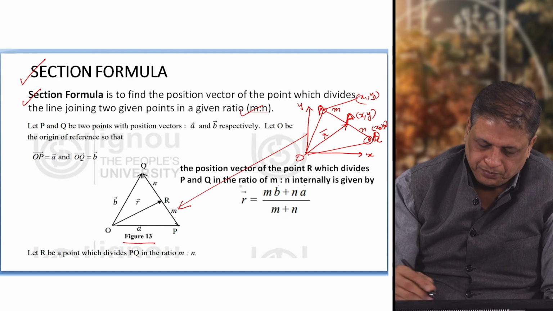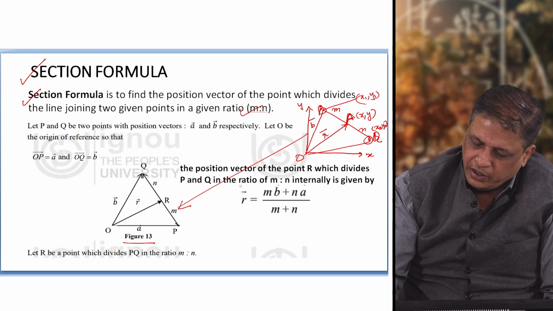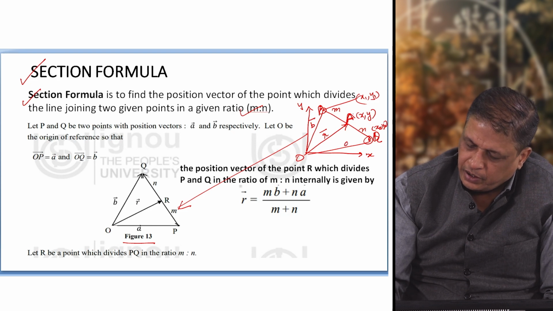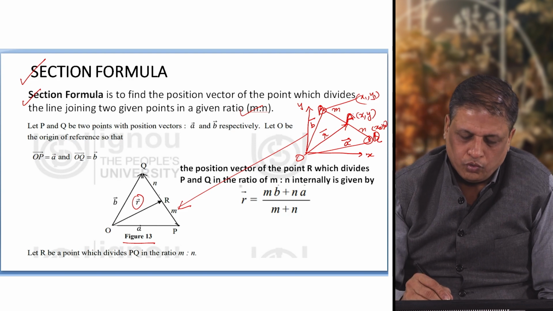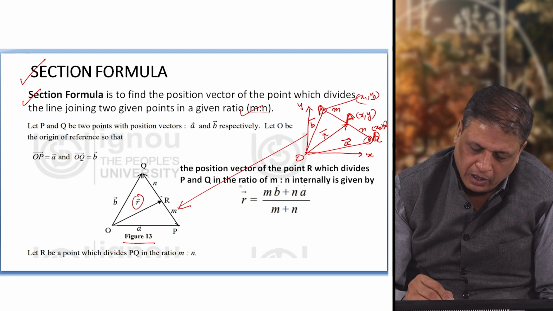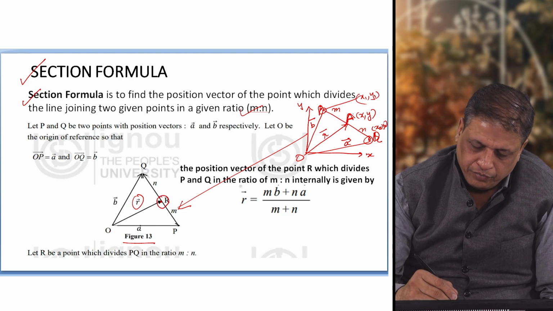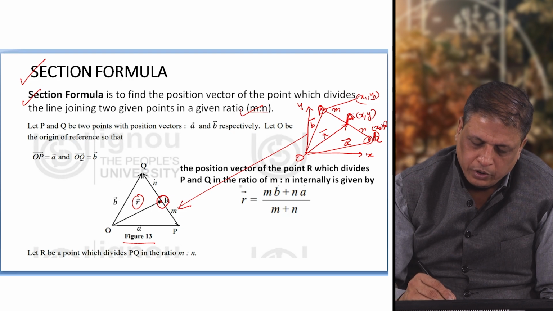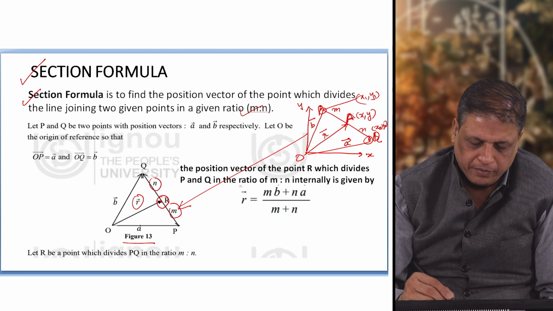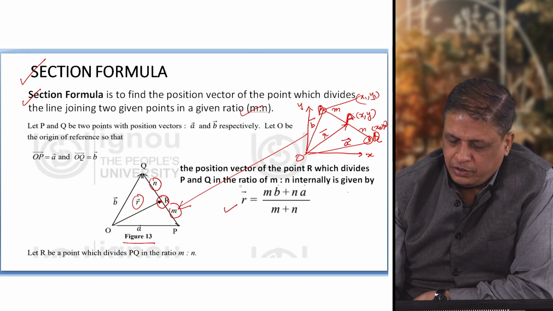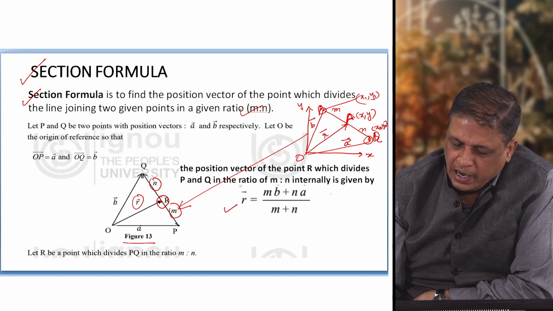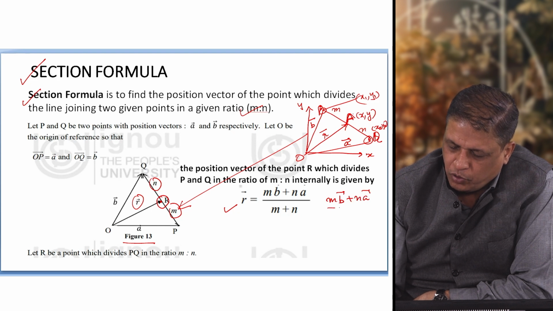So, this is vector B, this is vector A, and this is the vector R, which is mapping the point R, which is dividing this line into ratio m is to n. Then this vector R can be derived from the formula m times of B vector plus n times of A vector upon m plus n.